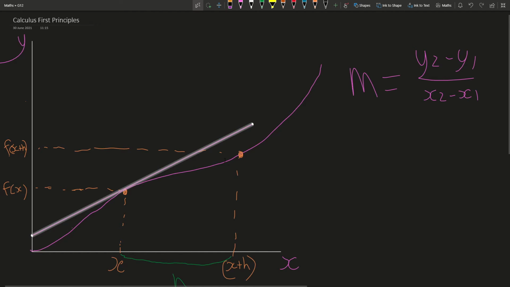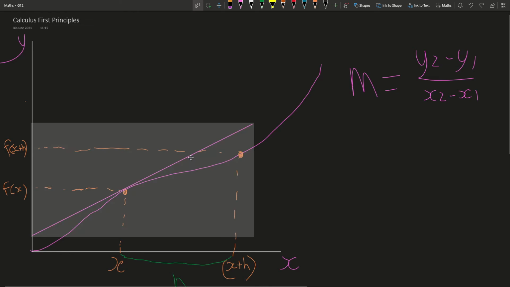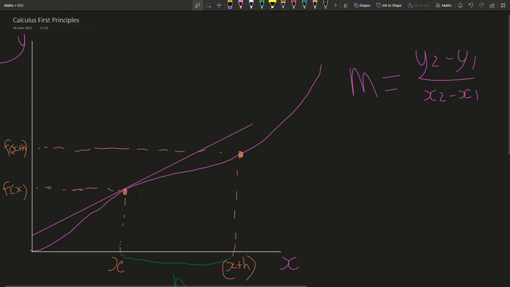What this line means, in other words, is: what if our gradient at this point, our m, just continued exactly like it is, and the gradient didn't change at all? Then it would be the gradient of this line. So this is the line that we want to find. We want to find the gradient of this line, because then we'll know what's the gradient at that point.